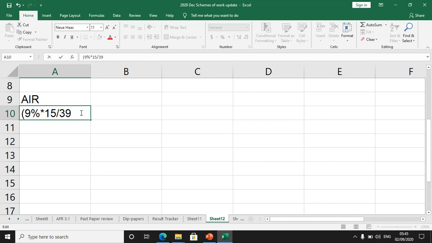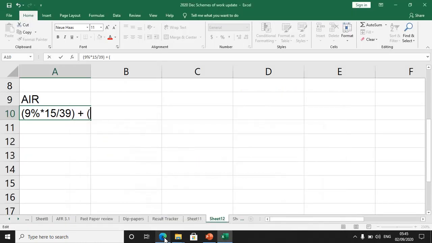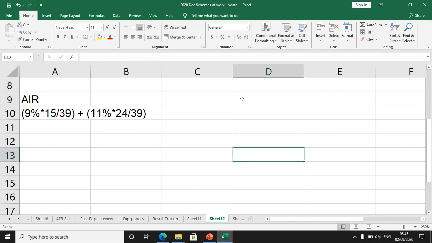Then we add the 11%. Multiply that by 24 divided by 39, for you to get your average interest rate.